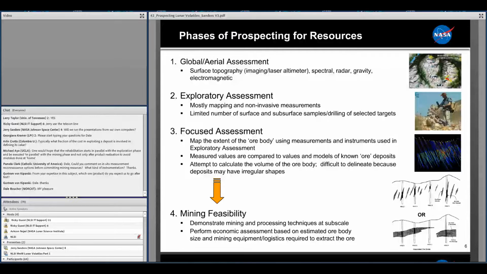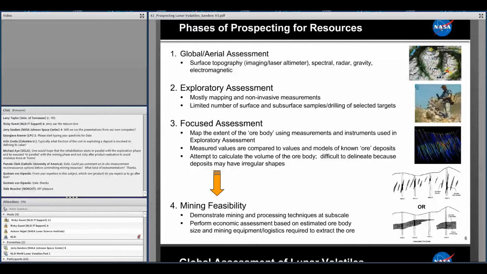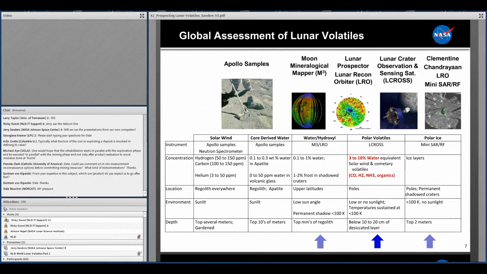Before you spend a lot of money actually mining the hardware or the resource, you want to determine if the types of processes that you're planning on using can work and are economical to do so. So now jumping from terrestrial prospecting to lunar volatiles, this chart is just an extreme simplification of all of the discussions that have happened over the last couple of days and years in terms of where the volatiles are, from what samples they have been derived.